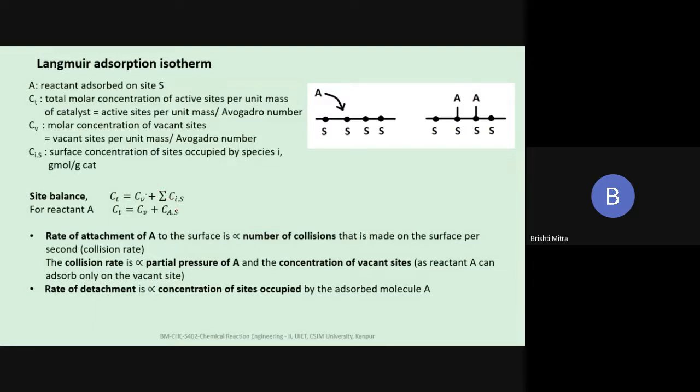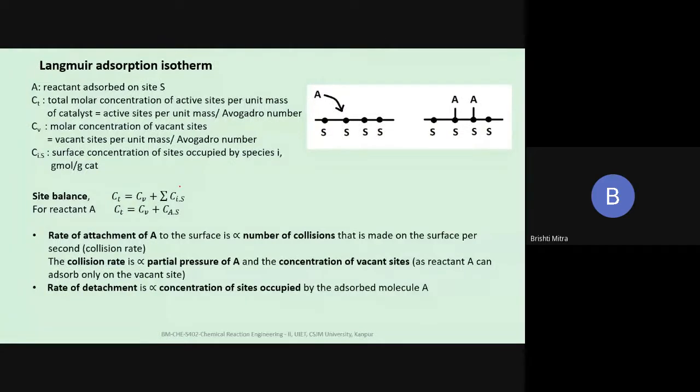In this particular case, we have only species A getting attached to it. So the total number of sites is 4. In this case there are 2 vacant sites and 2 sites occupied by the gas species A. So CAS is the concentration of the occupied sites and Cv is the concentration of the vacant sites.